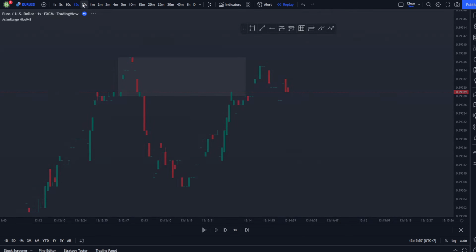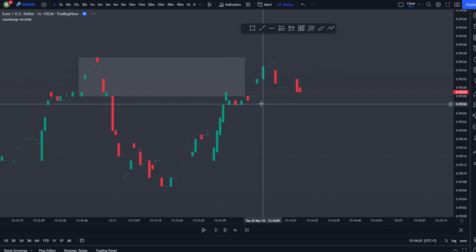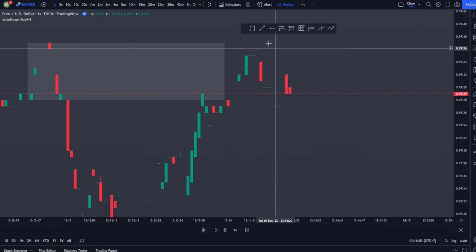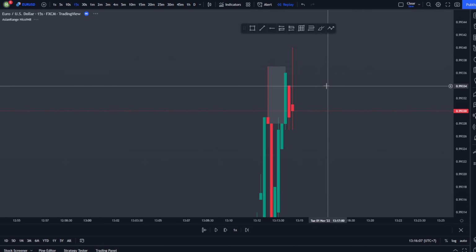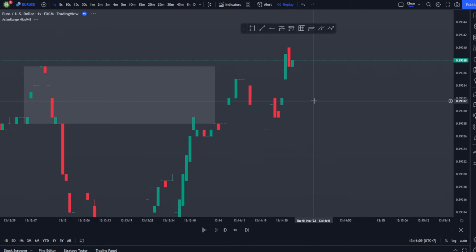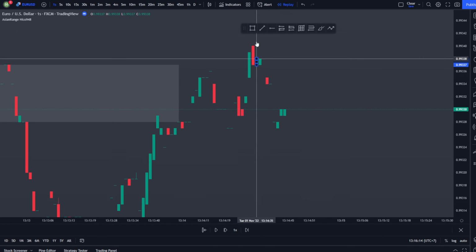Yeah, we had this 15 second OB here, POI here, and I'm just going to intent. So we need the 1 second rule, which we did not get, so it did not break yet. So price just broke the low here, and then we have this as OB.